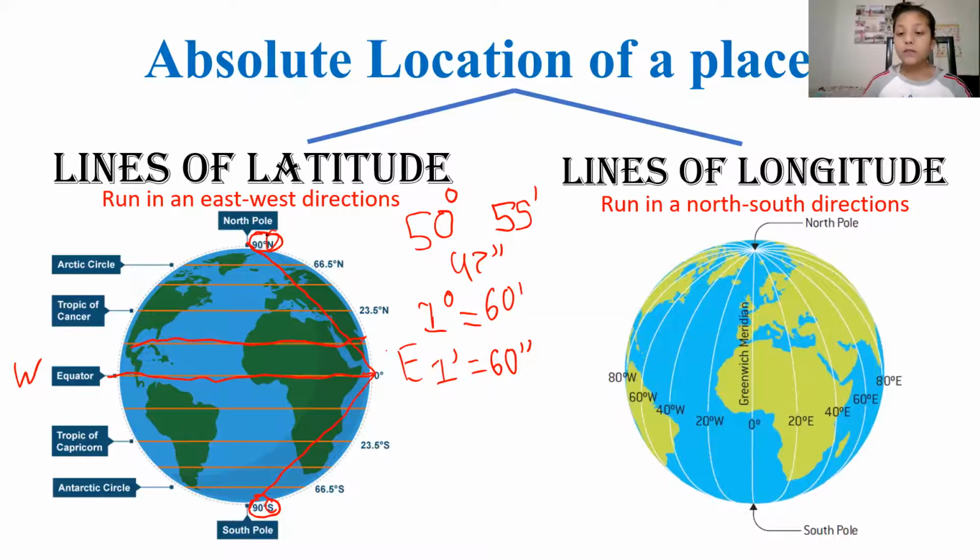Now here's an image of Earth showing lines of longitude. They run in a north to south direction. The middle line is called the prime meridian or Greenwich meridian. It also measures 0 degrees.